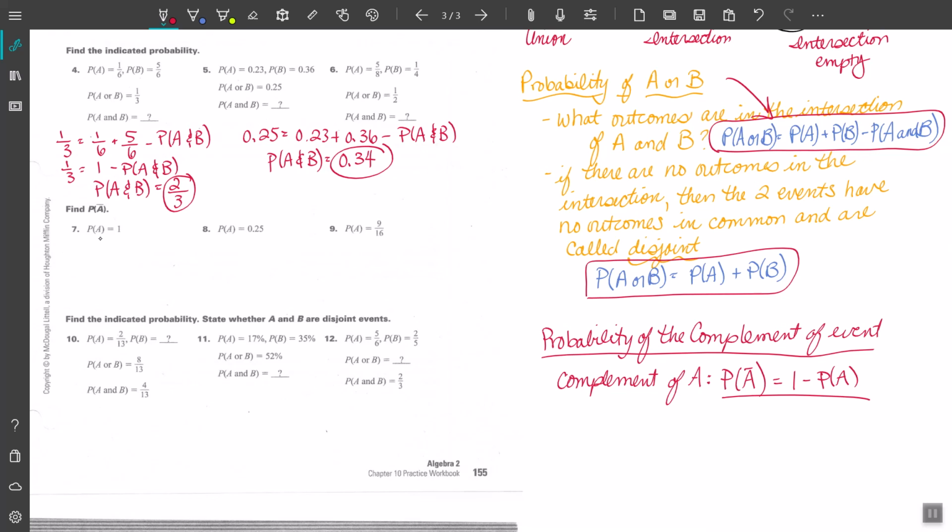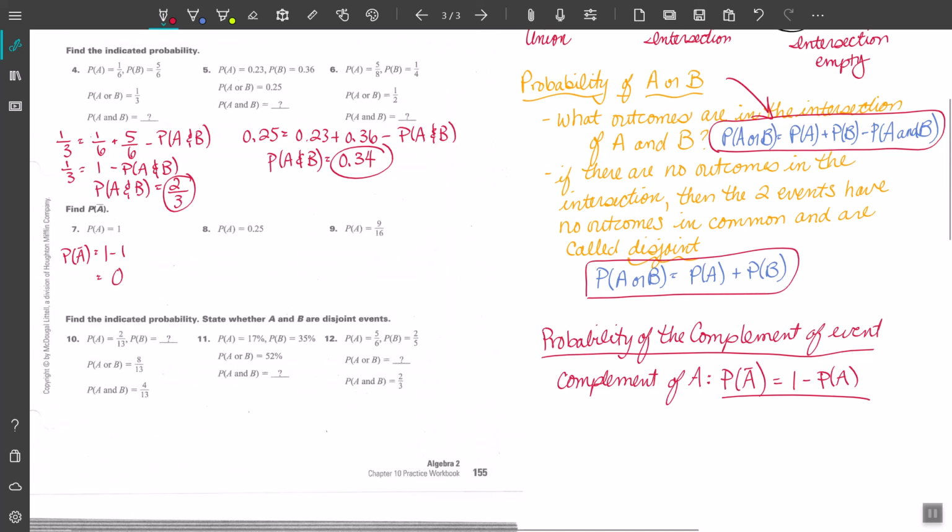So if they've told us the probability of A in number 7 is 1, then the probability of not A, the complement of A, the probability of A bar, is 1 take away the probability of A, in this case 1. That means 100% likelihood of A happening.